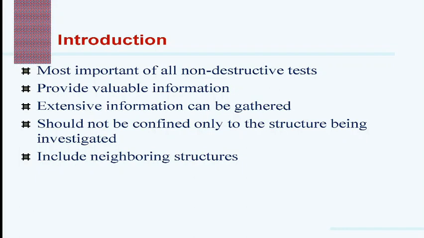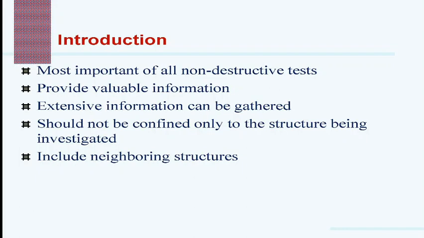Visual features may be related to workmanship, structural serviceability, and material deterioration. It is particularly important that the engineer is able to differentiate between the various signs of distress which may be encountered.